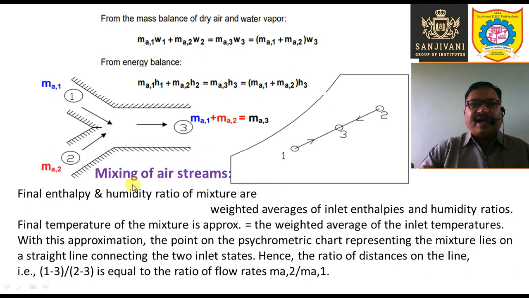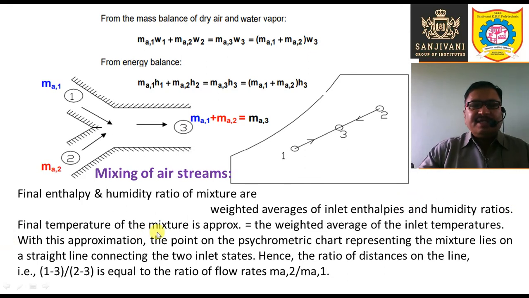So the final enthalpy and humidity ratio of the mixture are weighted averages of the inlet enthalpies and humidity ratios. These equations tell us that the enthalpy and humidity ratio of the mixture are weighted averages of the inlet values. We get the weighted average.